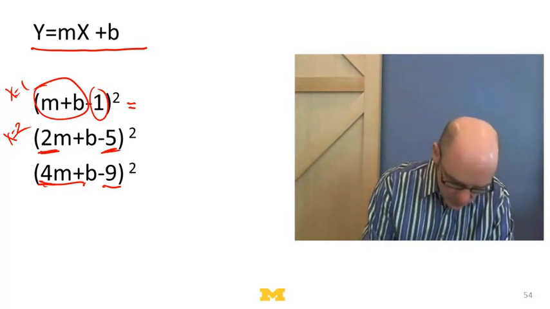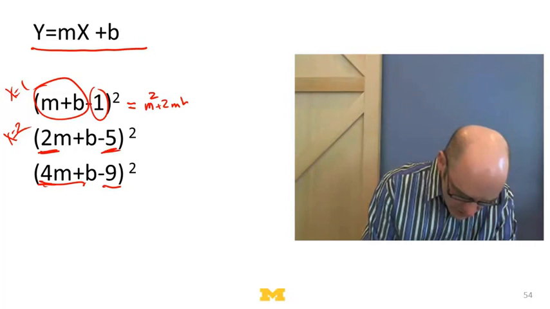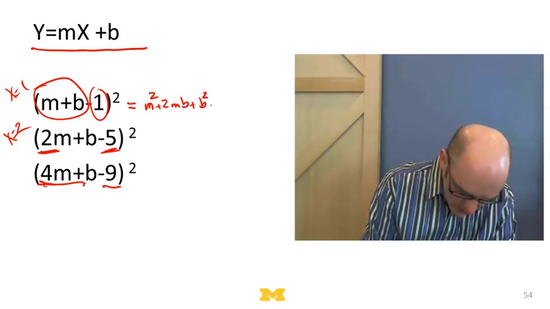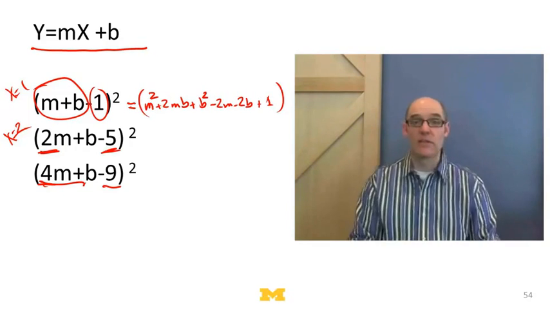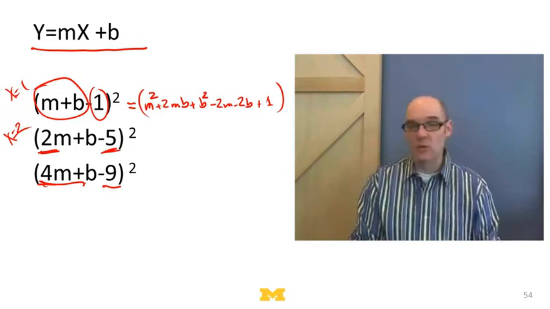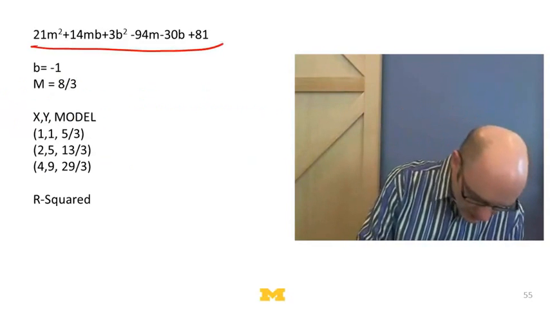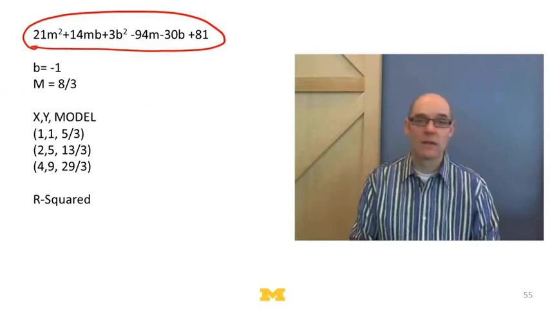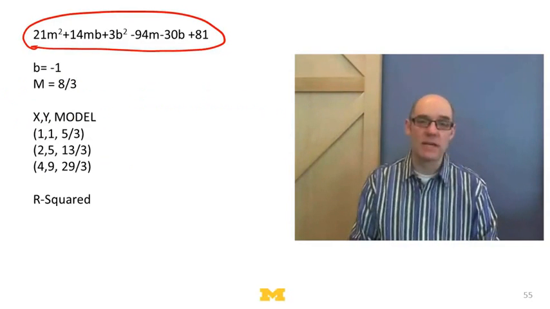So m plus b minus 1 squared is going to be m squared plus 2mb plus b squared minus 2m minus 2b plus 1, right? So that's a really complicated thing. And I can do that for each of the other two as well, right? So I get these long equations. Now if I do that, here's my total error. So this is if I choose the line y equals mx plus b, this is my error.